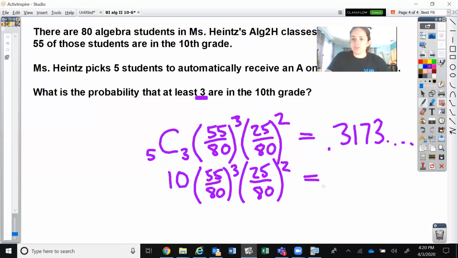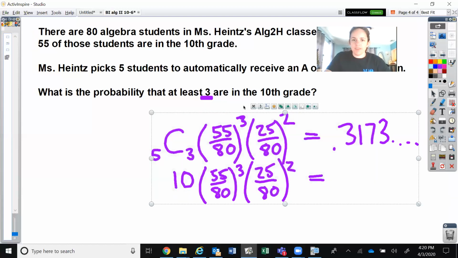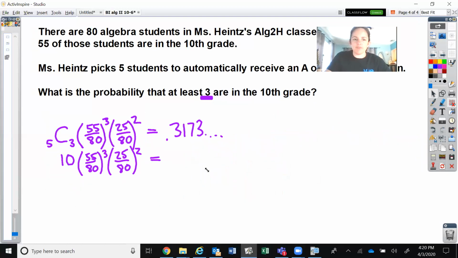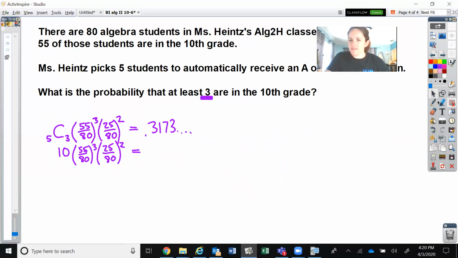So then I need to also do, because the question said at least 3, so that means it could be 3 or 4 or 5. So I'm going to go ahead and say, well, that was fun, but now I'll find 4, and then I'll find 5, and then I'll add all those up. So the probability that 4 of you would be in the 10th grade that I would pick would be 5 choose 4, and then 55/80ths, which is my chance of picking a 10th grader.